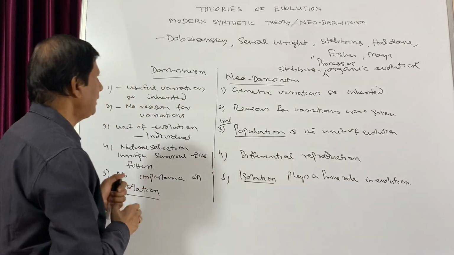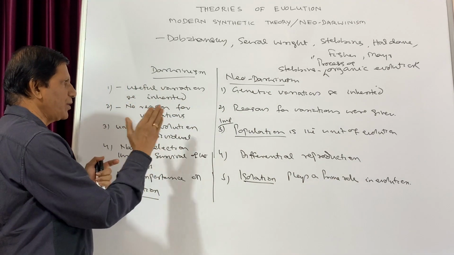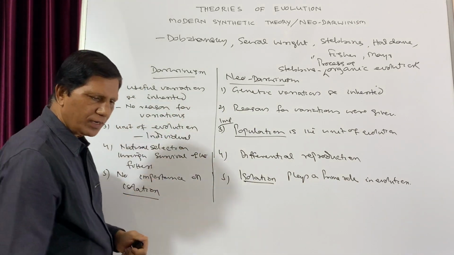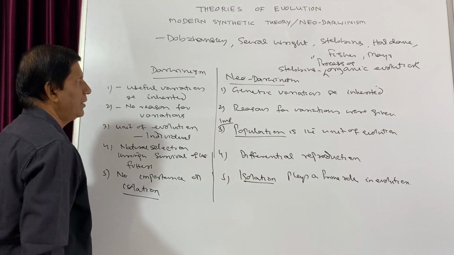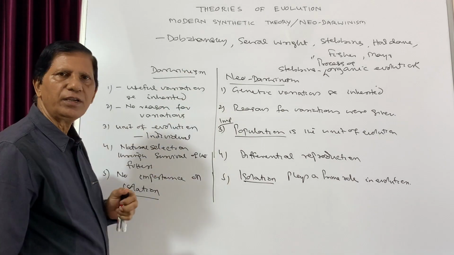So these are the basic differences between Darwinism and Neo-Darwinism. Now you have some idea. Now let us discuss in detail the modern synthetic theory or Neo-Darwinism.